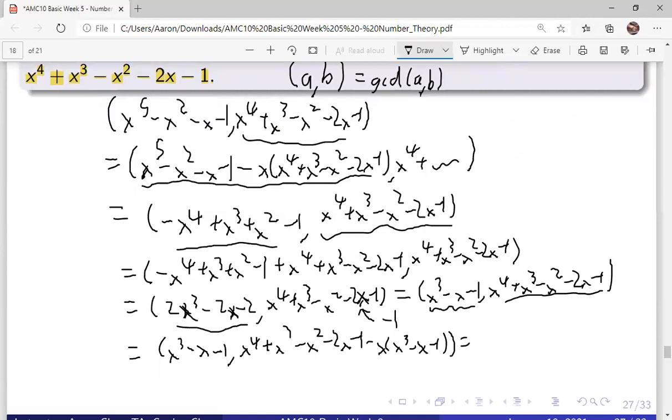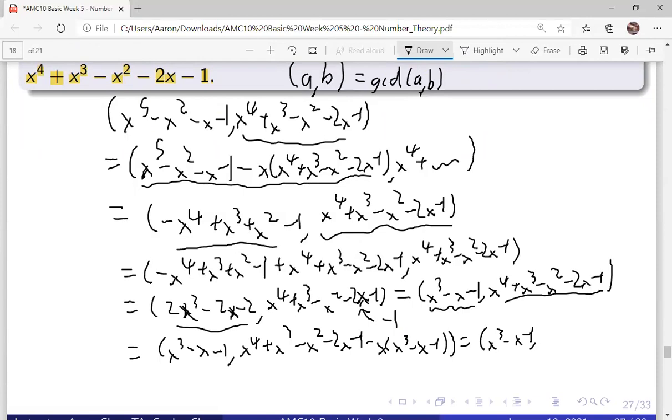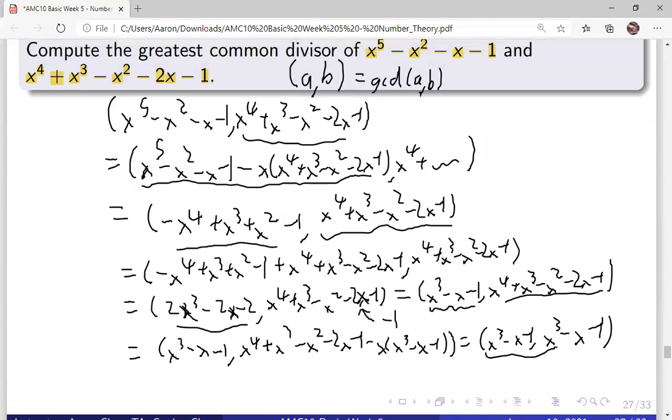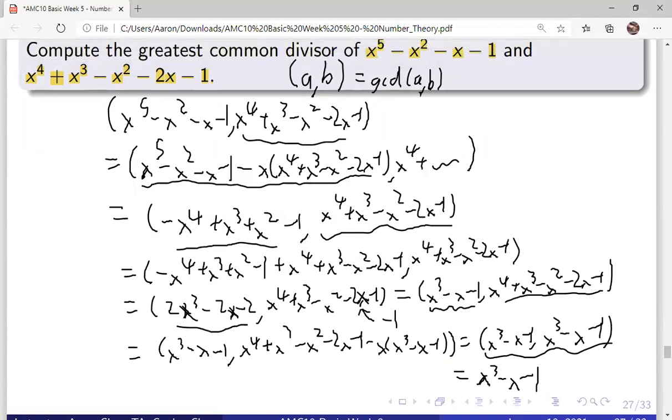And you can simplify this to x cubed minus x minus 1 and x cubed minus x minus 1. And so these two are equal to each other. So the answer is x cubed minus x minus 1. So are there any questions?